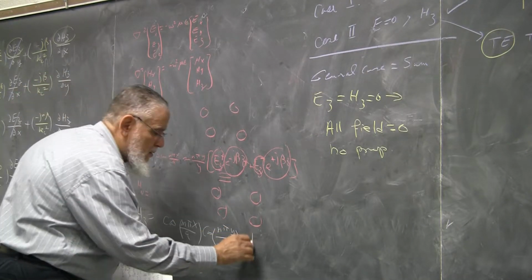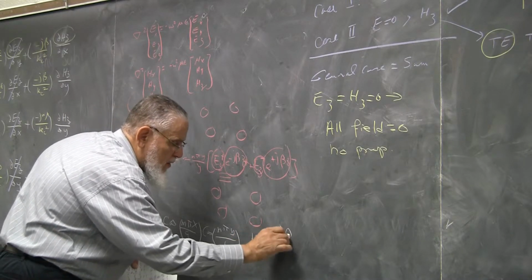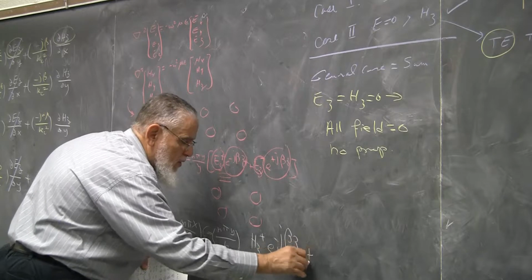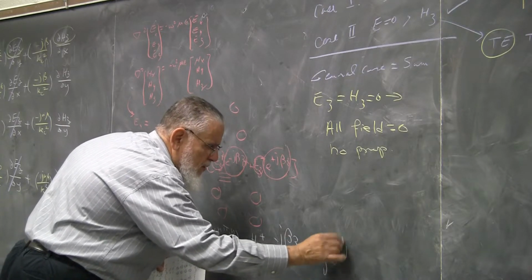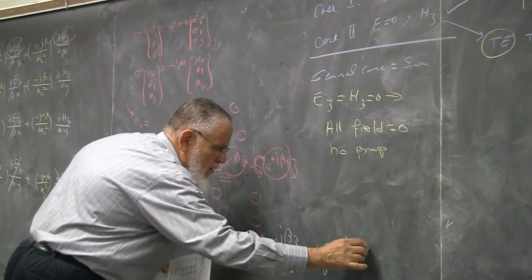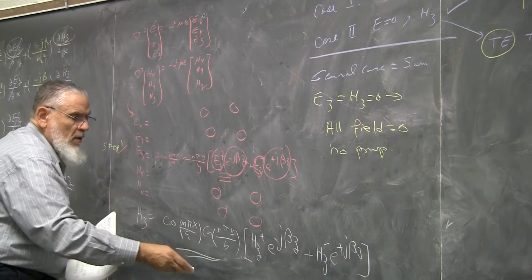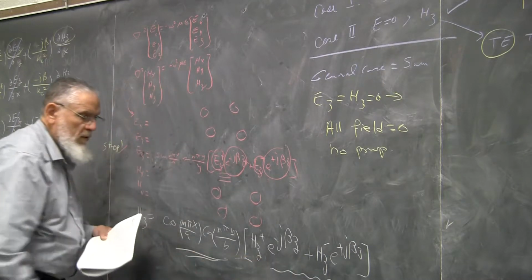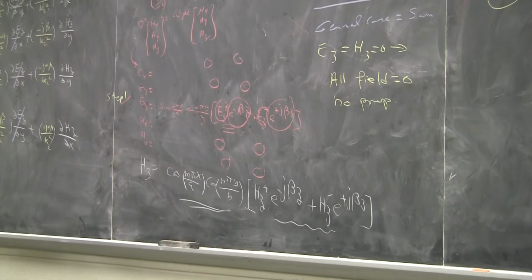Hz plus e to the minus j beta z plus Hz minus e to the plus j beta z, the cross-sectional term and the z term. I think this is the right expression. It's not a special case.